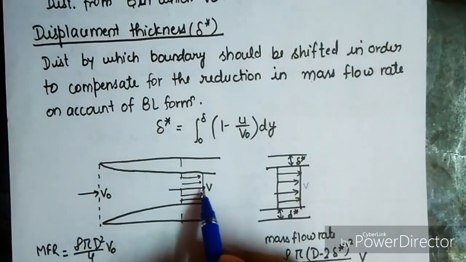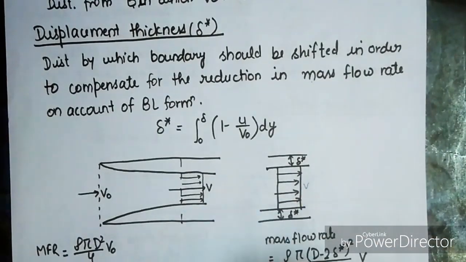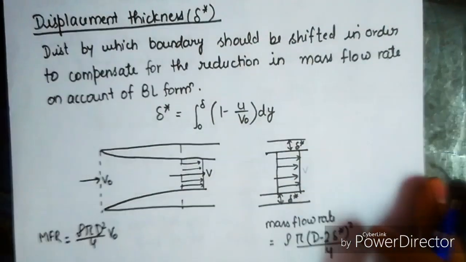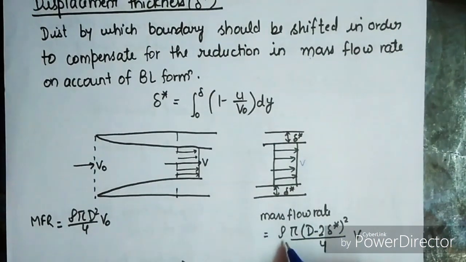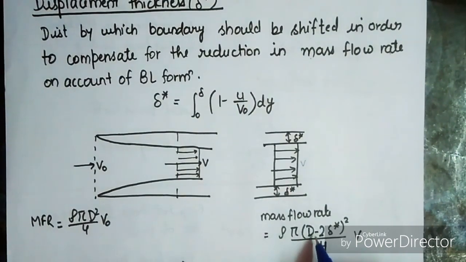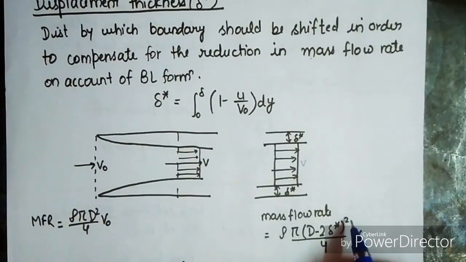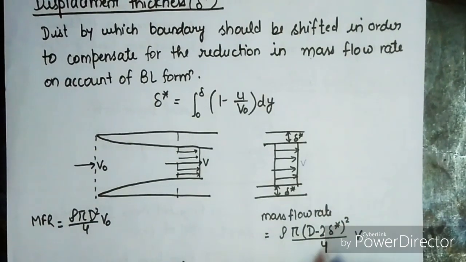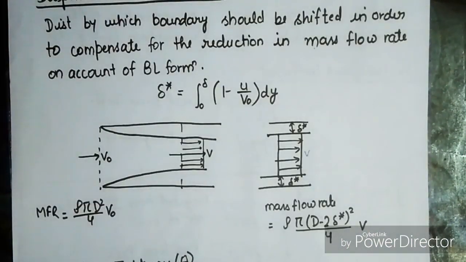Now this velocity is kept here like this, so the distribution will be linear. Now the mass flow rate changes to rho pi (d minus 2 delta star) square upon 4 into v. So these two mass flow rates will be the same.